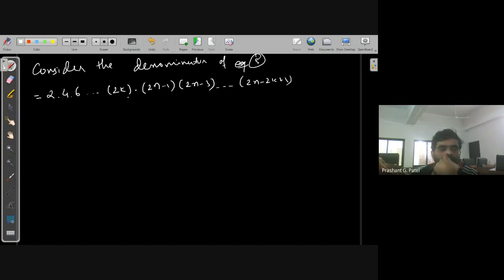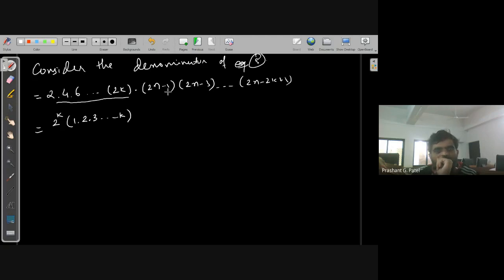Now, if I take 2 common from each and every term, how many times is this 2 common? 2 power k will be there, because 2 is common from this 2, another 2 from this 4, then from this 6. What is left is 1 into 2 into 3 up to k. So it is 2 power k into k factorial.